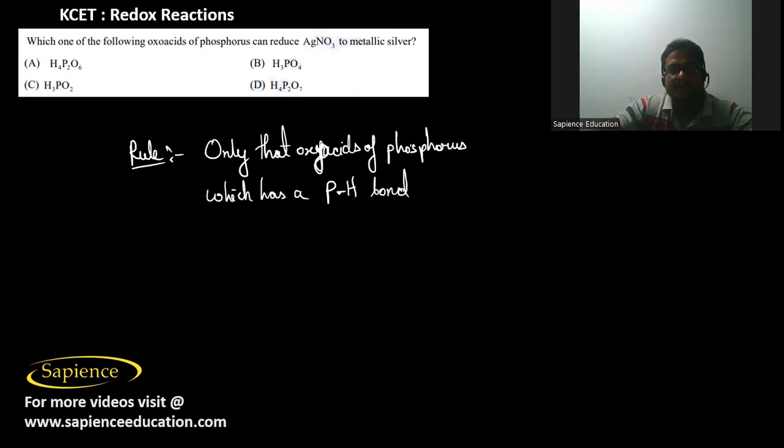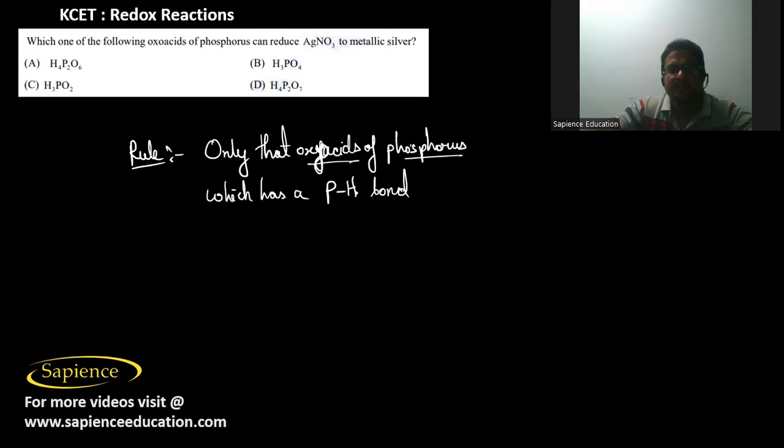It means if there is a sigma bond between phosphorus and hydrogen in any of the oxyacids of phosphorus, only that will be able to reduce silver nitrate or gold nitrate to metallic silver or metallic gold.